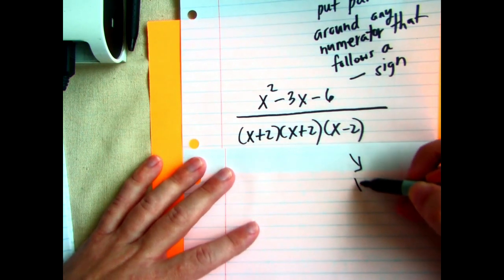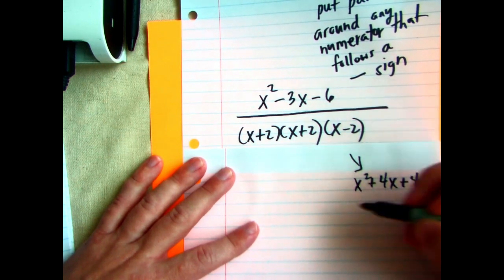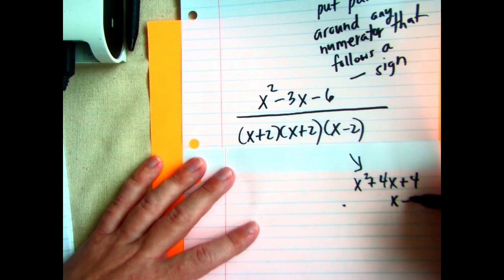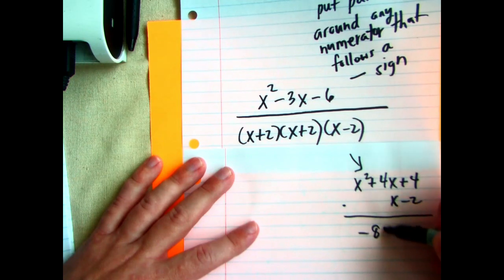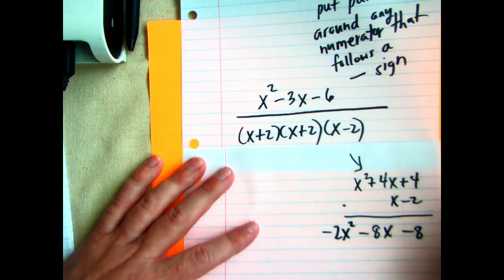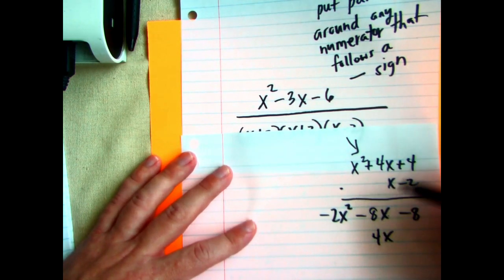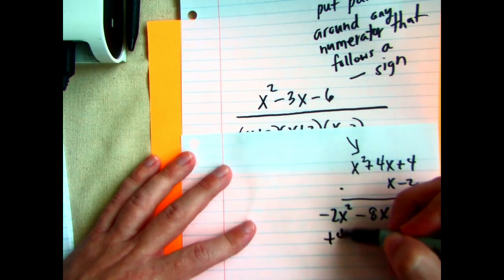But I'm going to multiply it out. So when I multiply x plus 2 times x plus 2, I get x squared plus 4x plus 4. So I need to multiply that times x minus 2. It's a bit of a long multiplication process, but we should have had practice with this before.